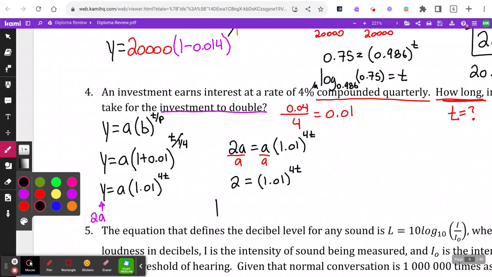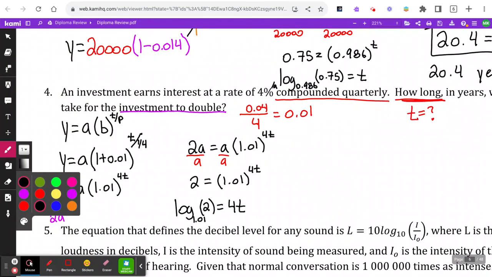Solving this becomes log base 1.01 of 2 equals 4t. Divide that 4 to the other side. Log base 1.01 of 2 divided by 4 equals t. That's not 101, it's 1.01.